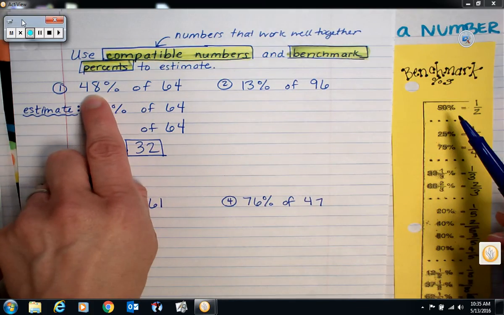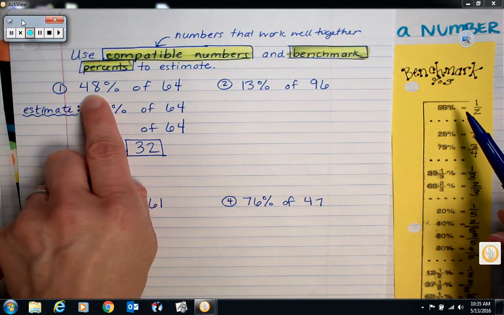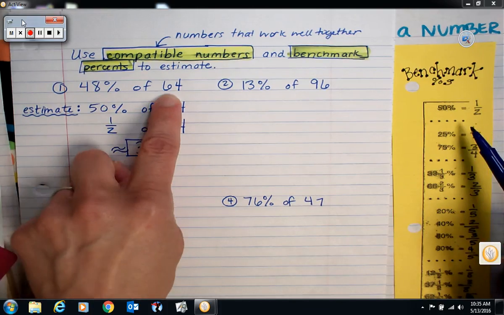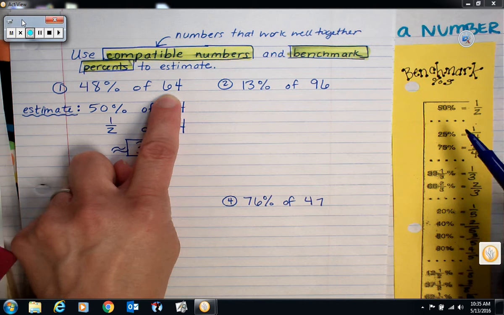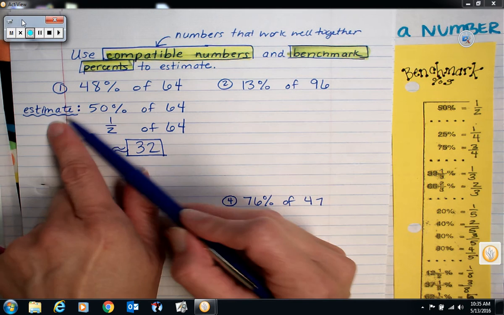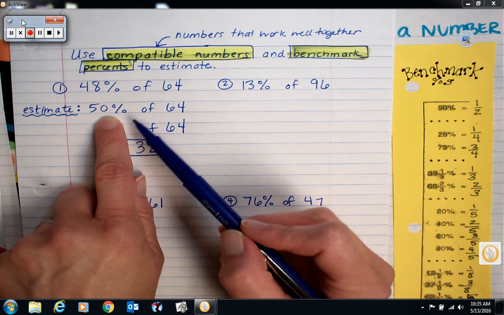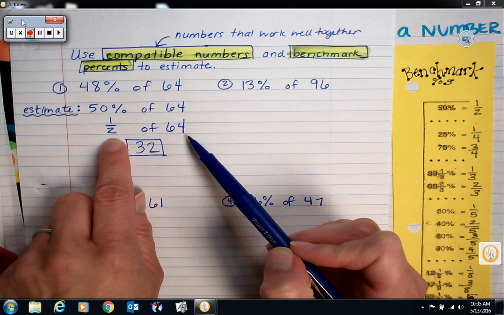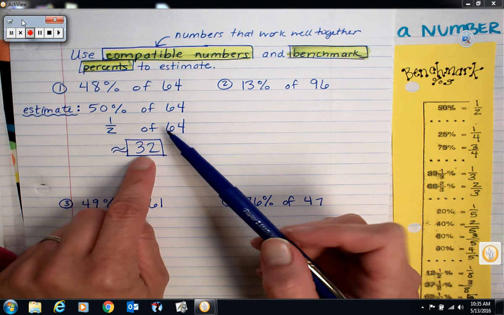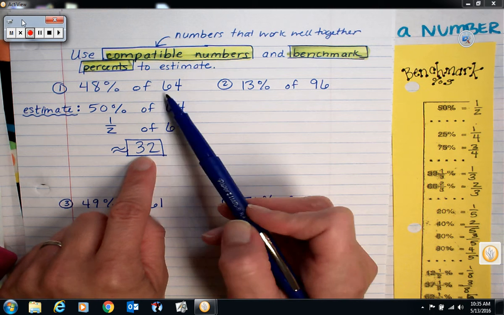The closest benchmark percent to 48% was 50%. The fraction equivalent is 1/2, and I knew that 1/2 works well with 64 because 64 is even, it divides by 2. So instead of 48%, I estimated it at 50%. 50% of 64 is the same thing as 1/2 of 64, and 1/2 of 64 is 32. So my estimate of 48% of 64 was 32.